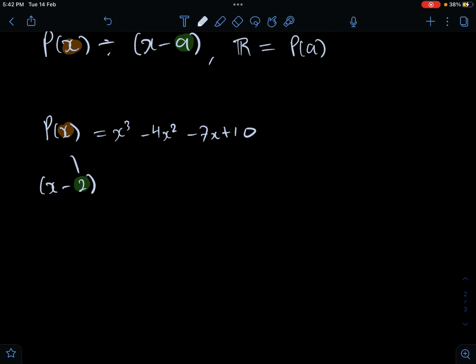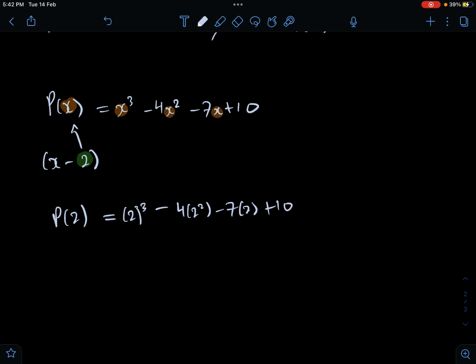So we're grabbing it, putting it in there, p of 2 equals, and then you just replace all the x's in here with that same 2. So 2 cubed minus 4 times 2 squared minus 7 times 2 plus 10 equals 8 minus 16 minus 14 plus 10 equals negative 12.